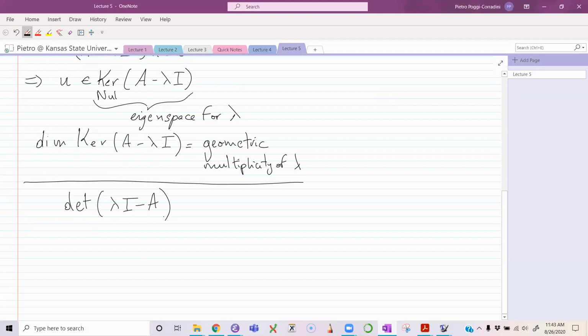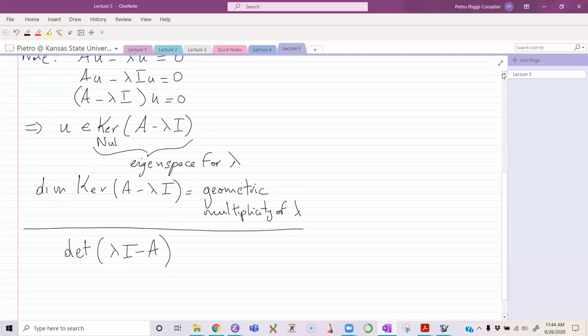And if the determinant is non-zero, then this is non-singular, so it's invertible. And there's only going to be one solution to this equation over here.